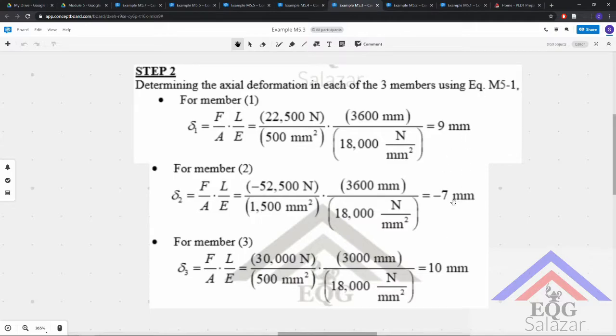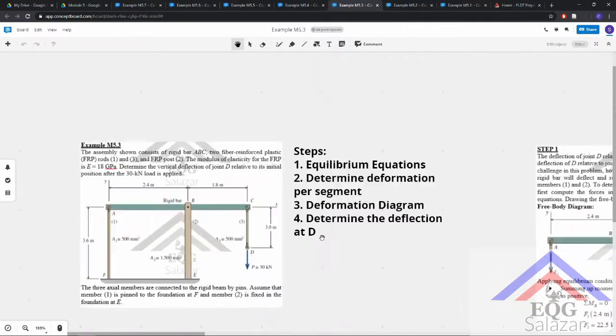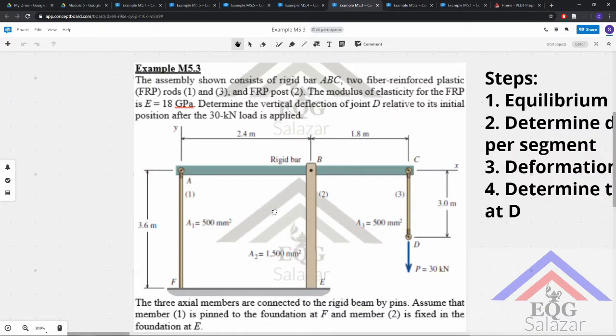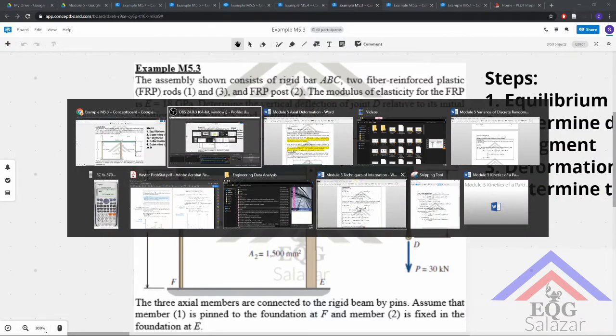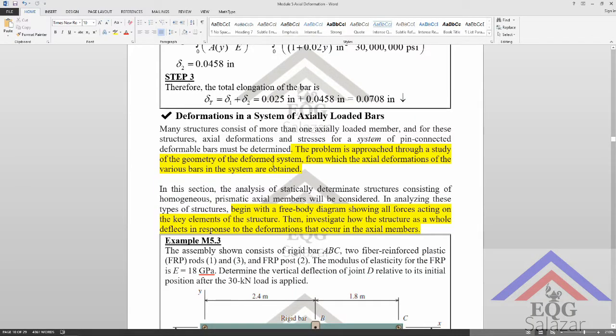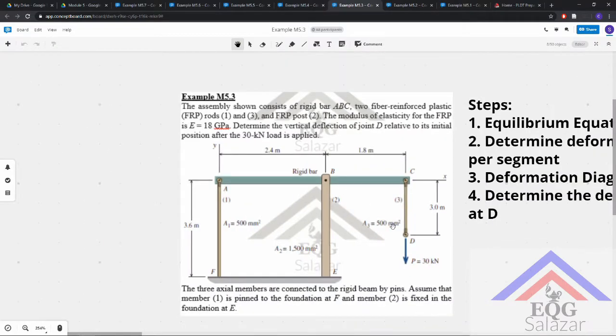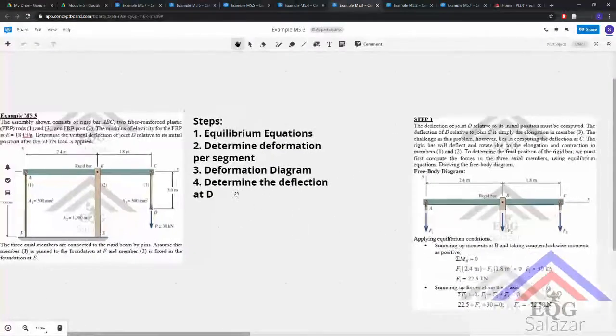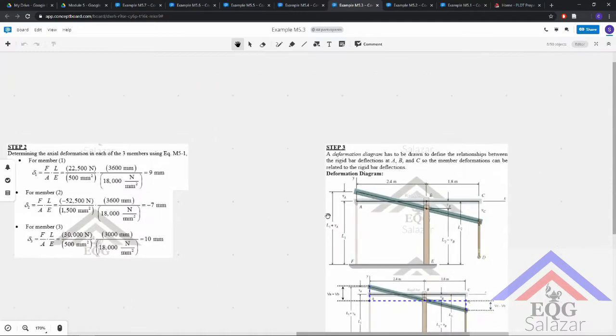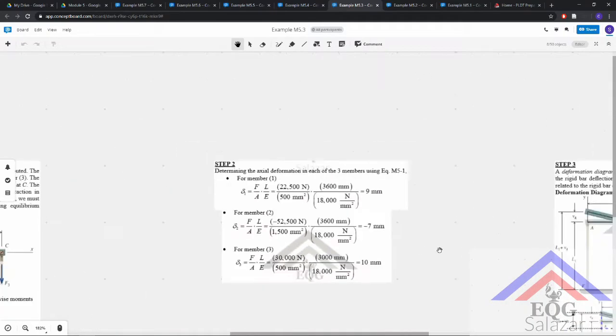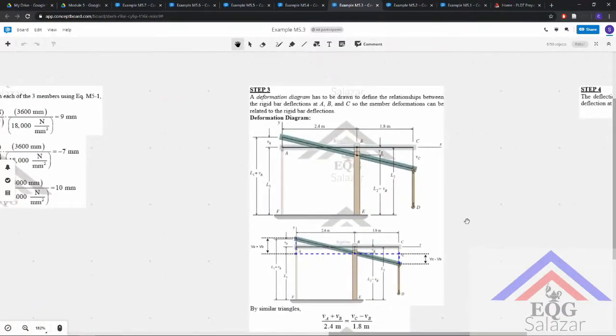So where does this fit in our system of axially loaded bars? This is not statically indeterminate yet. This is where the deformation diagram comes in. What is a deformation diagram?